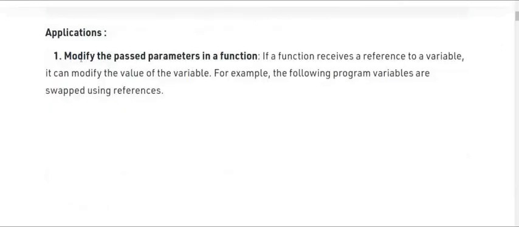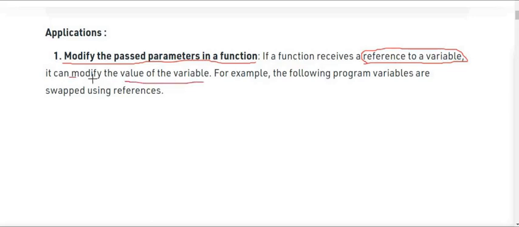Now let's see some applications of this reference operator. The first application is to modify the passed parameter to a function. If a function receives a reference to a variable, not the exact variable but the reference to that variable, it can modify the value of the variable.